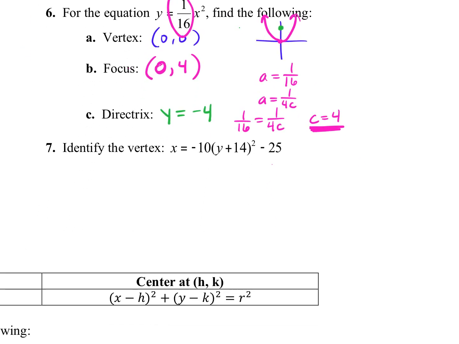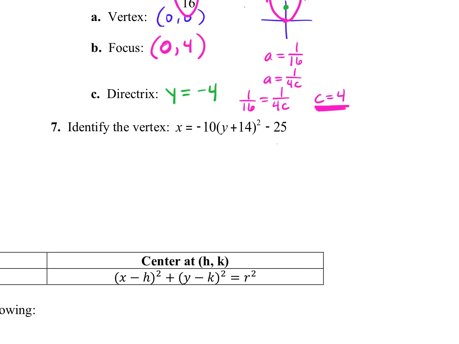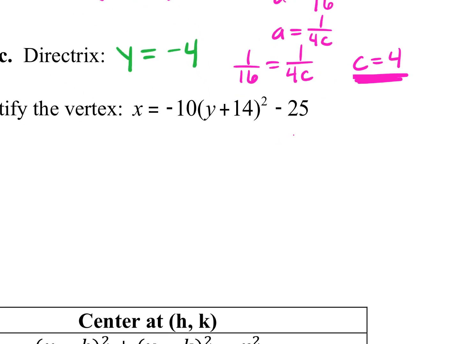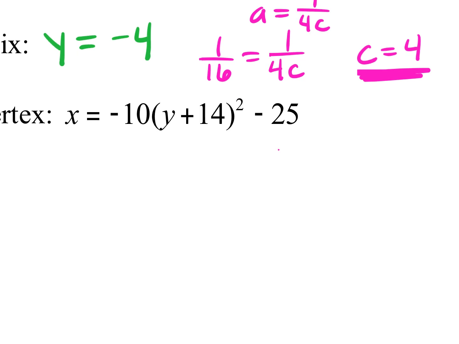Okay. This one took my last class a little bit. I want to know the vertex. Negative 25 and negative 14. There you go. It's an x equals, right? So this is k and this is h, and this has to be opposite of what it looks like because that's subtraction in the formula.